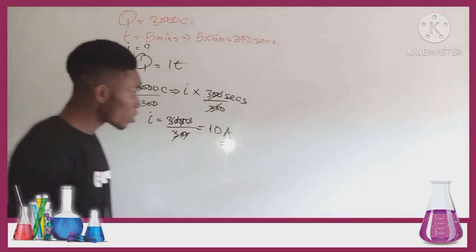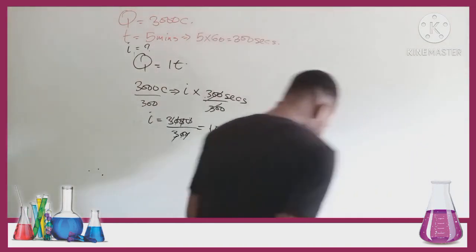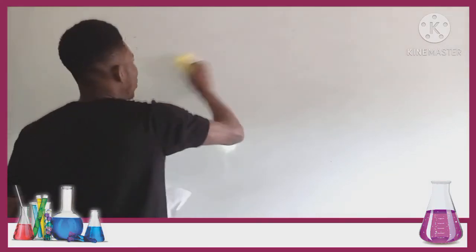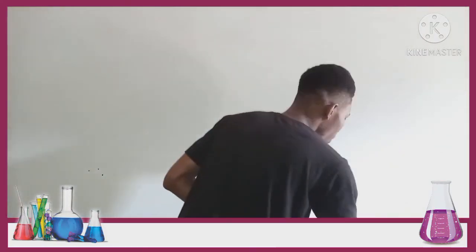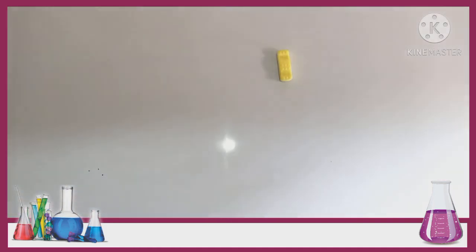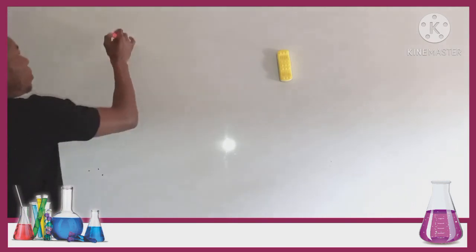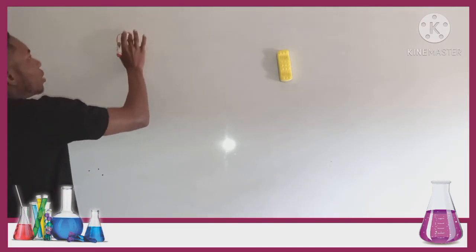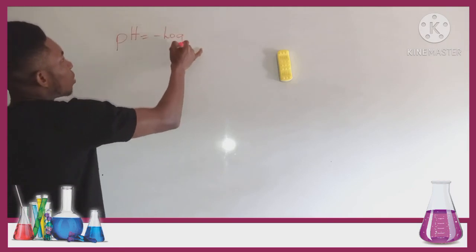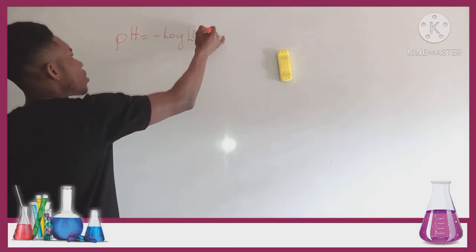Okay, the next question is a very cheap question also. It says, what is the pH of a solution with H plus concentration 1 times 10 raised to power minus 12 mole per dm cube? Now, what is the formula for pH? The formula for pH is minus log of H plus.